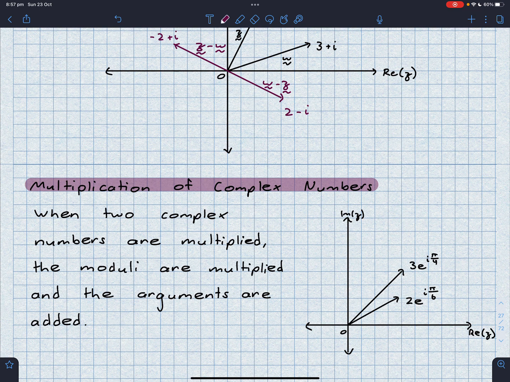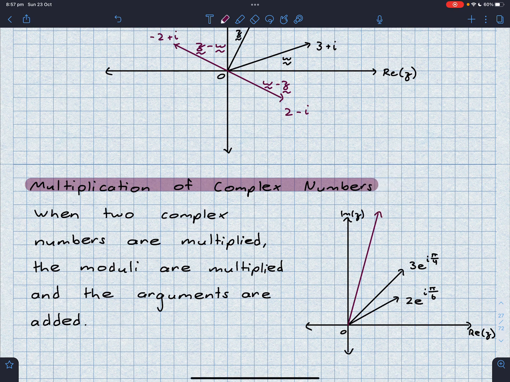So what this means is if I have 2e to the i pi on 6 and 3e to the i pi on 4, my moduli, 2 and 3, are going to be multiplied together. So I'm going to get a vector double that long, because I'm doubling 3 to get 6. So it's going to be about that long.